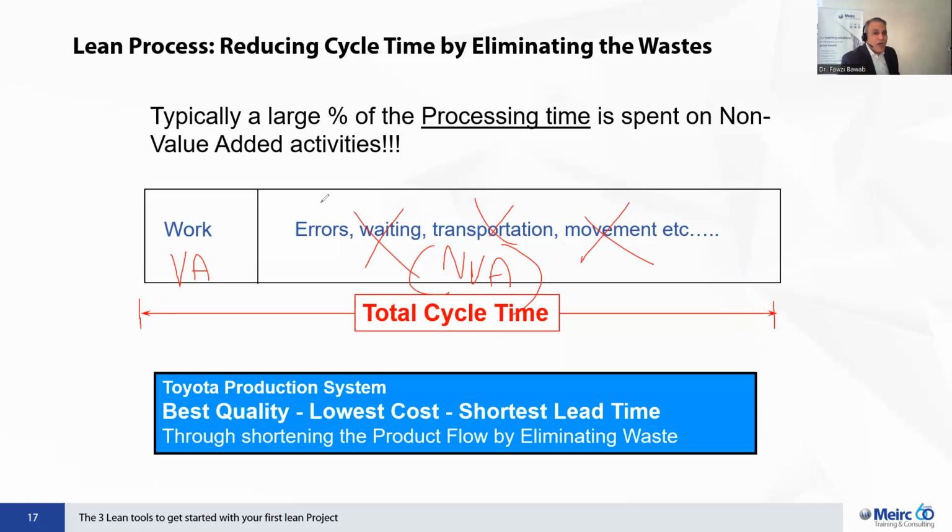And by doing that, what happens to my cycle time? My cycle time will become less. And as my cycle time becomes less, my efficiency, my productivity goes up, and my cost goes down. So this is where we see a large percentage of the processing time in an organization is consumed in non-value added activities.